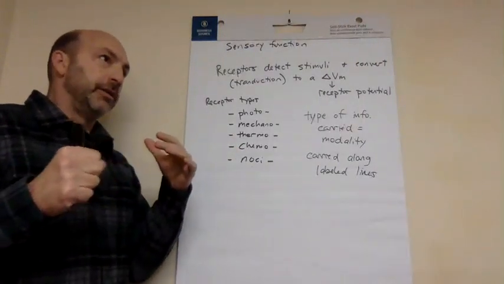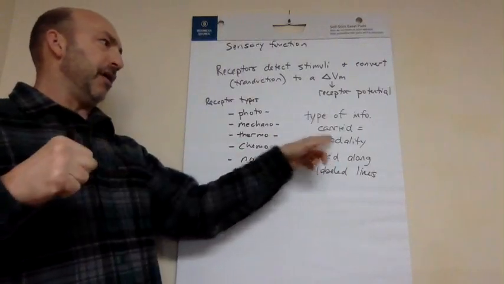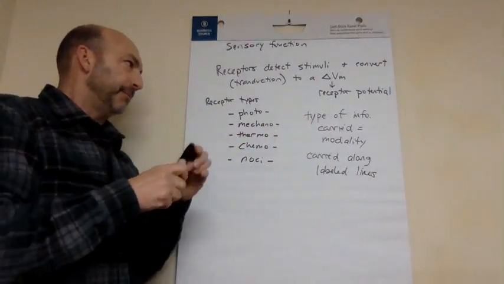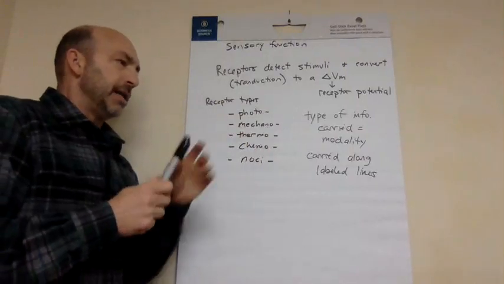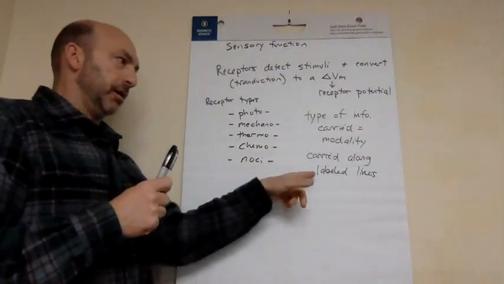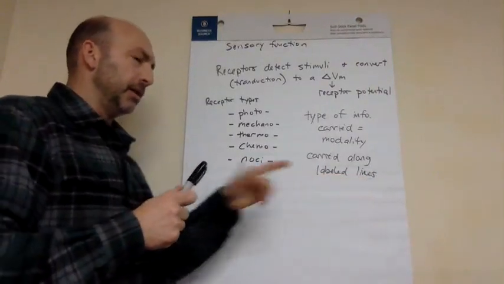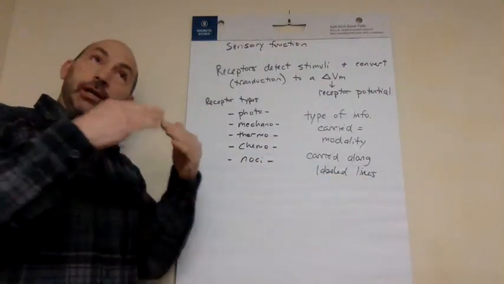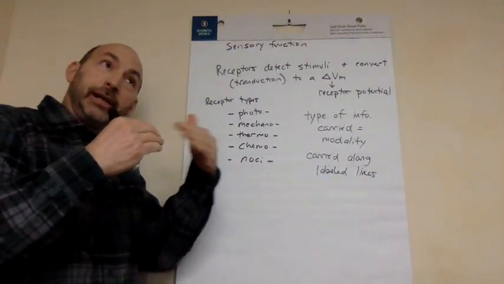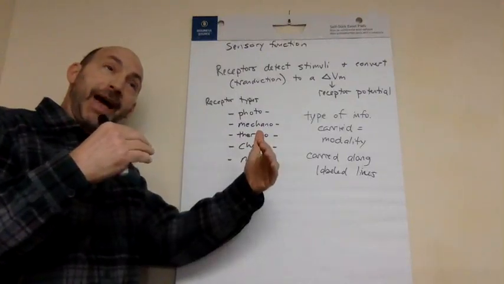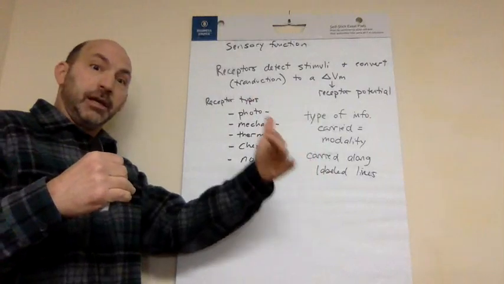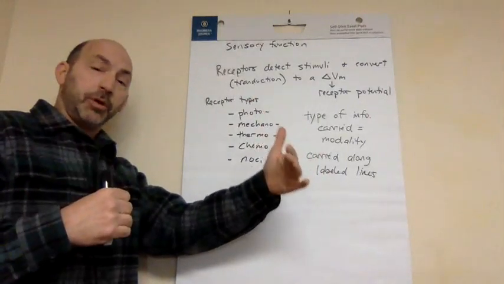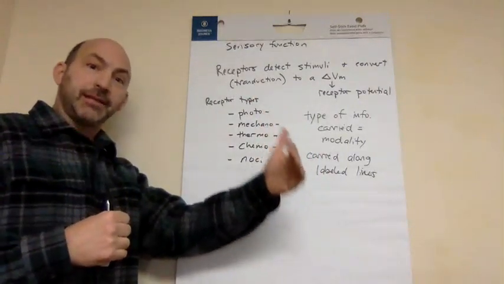So they're going to receive that single modality, right, the photo information, visual light. And then they're going to carry that information along neural pathways that are called labeled lines. So in other words, to complete that, they're going to carry that single modality along a labeled line to a processing site in the cerebral cortex that can only process that type of information.